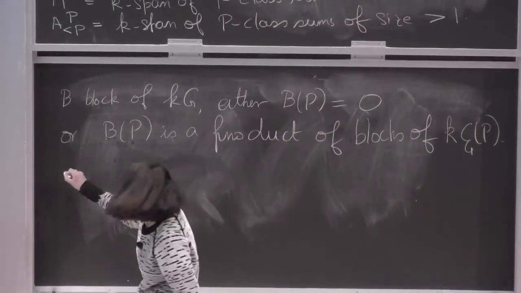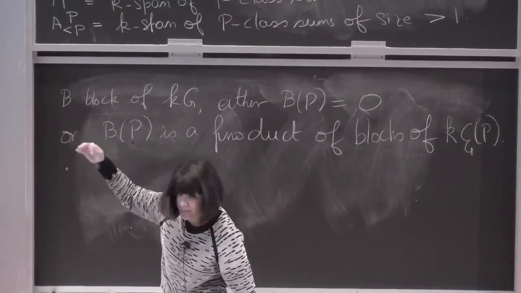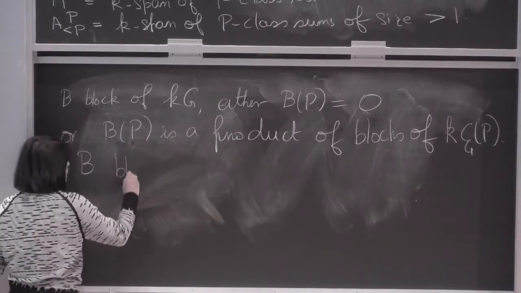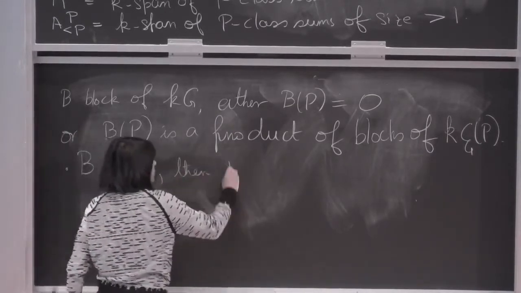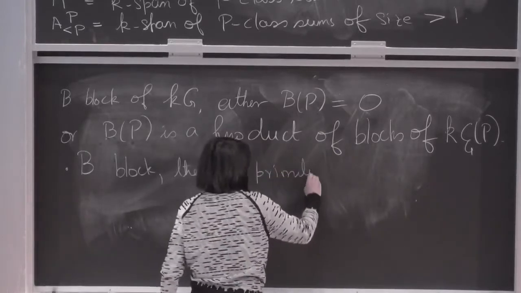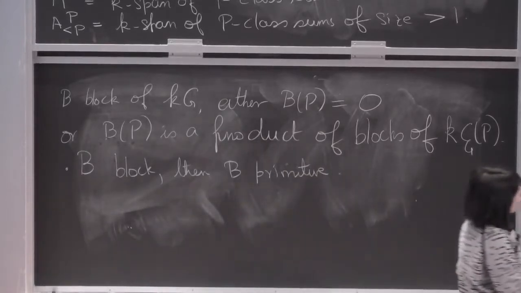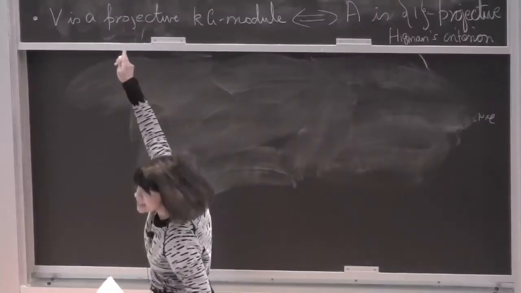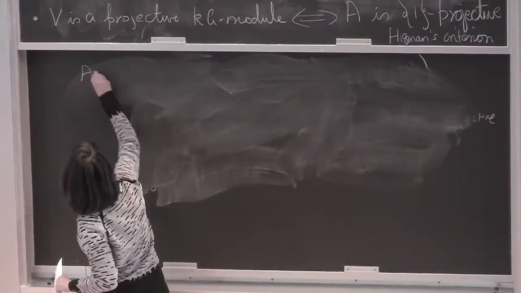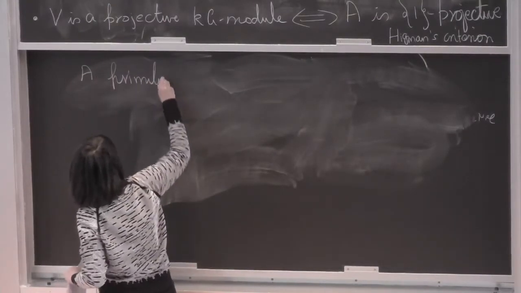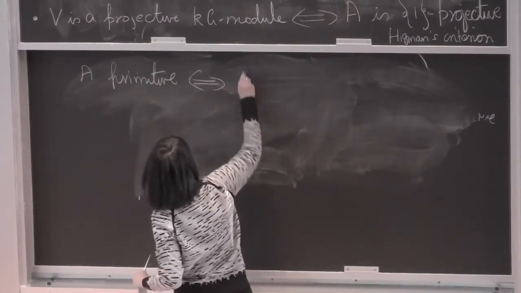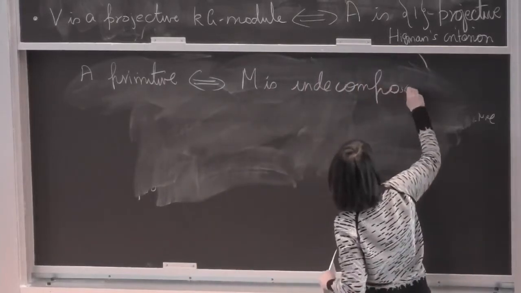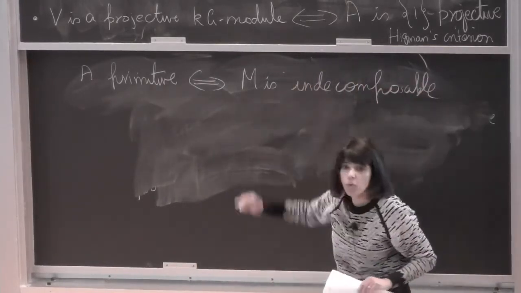But just to remember here, we can forget about this primitive word for block algebras. If B is a block, then B is in fact a primitive G-algebra. And in this example, A is primitive if and only if M is an indecomposable module.